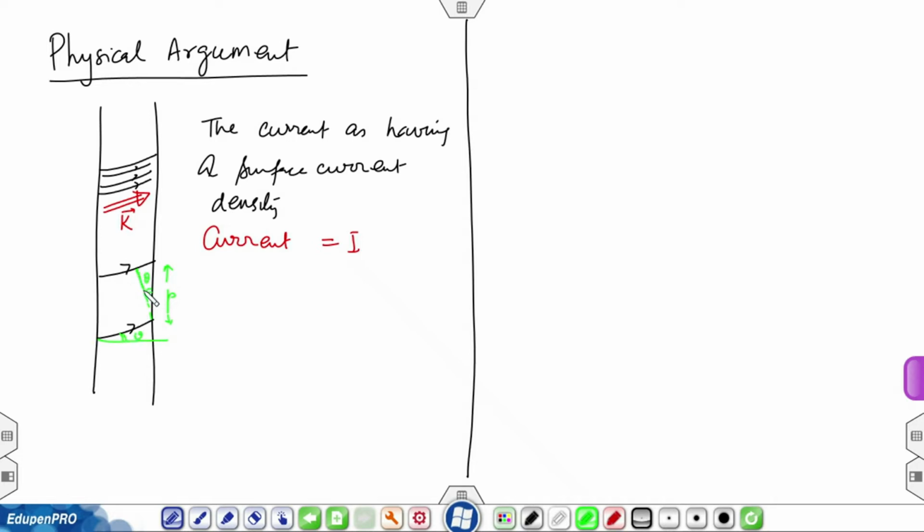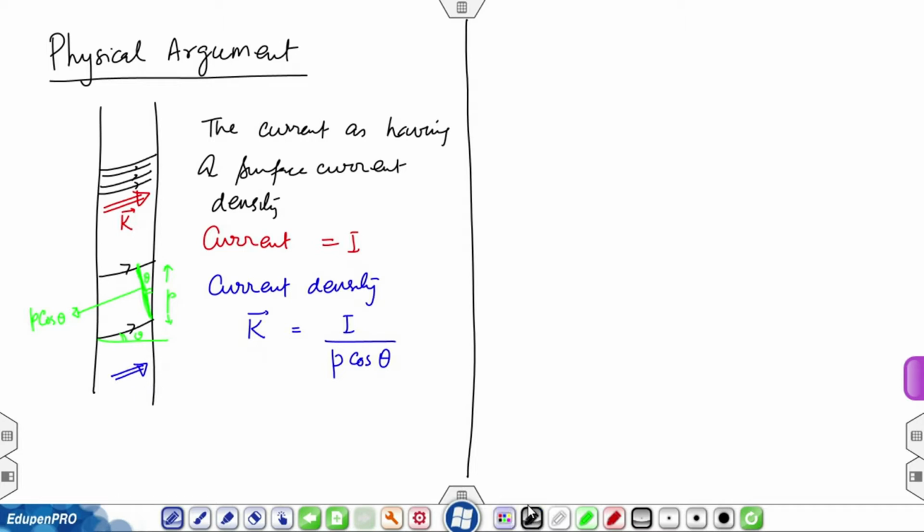So, the perpendicular cross section over which the current is flowing is P cosine of theta. Therefore, the current density K is equal to I over P cosine of theta in the direction shown.